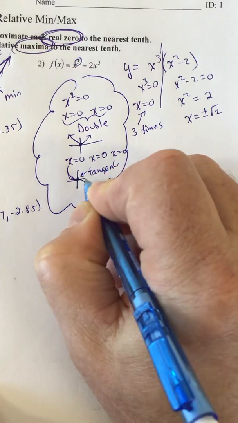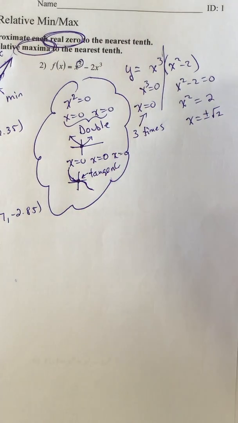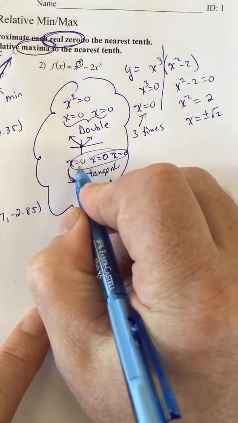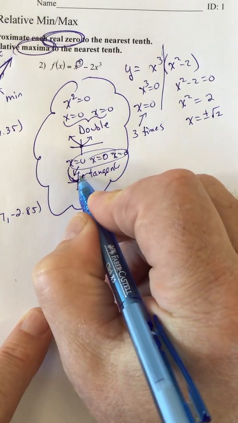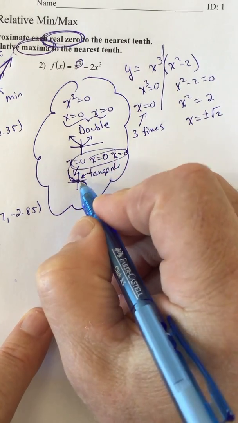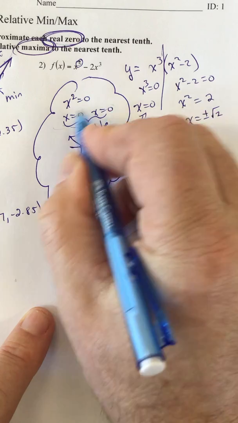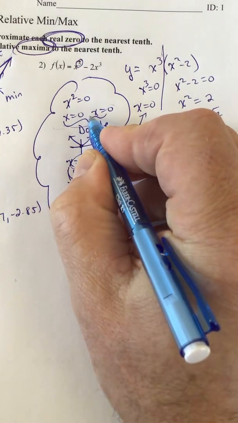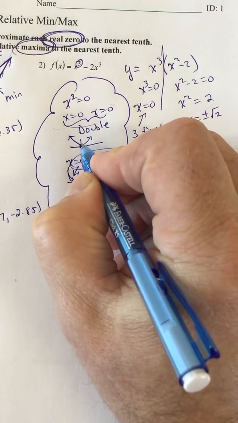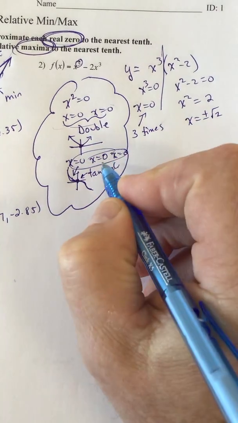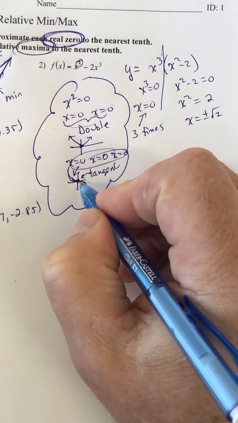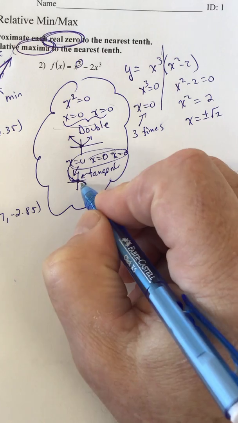So it comes in, it gets flat, and then goes through. So all odds look like tangents. So you could have 5 zeros in one spot, you could have 7 zeros in one spot, and all evens, you could have 4, look like this. So if it's an even all in the same spot, if there's 2 answers in the same spot, it bounces off of there. If there's 3 answers in the same spot, it becomes flat and then goes through.